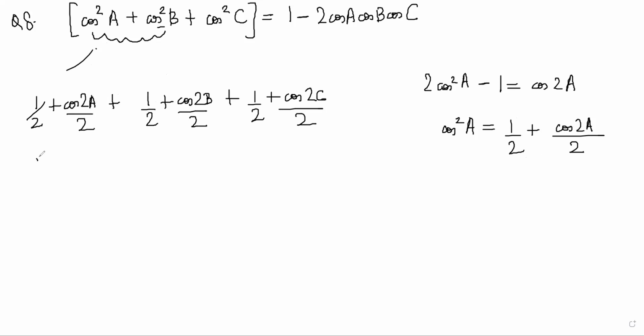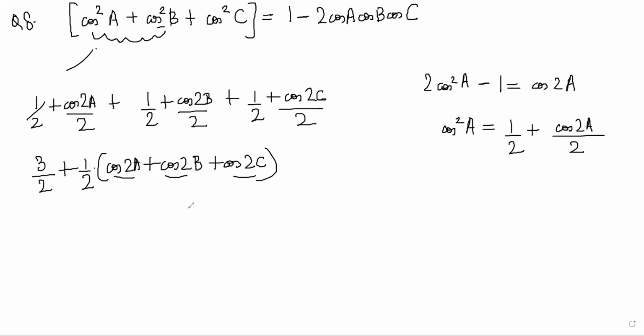So you have overall 3 by 2 plus 1 by 2 common, and inside you have cos 2A plus cos 2B plus cos 2C. And from identity number 2 of the same exercise, what is cos 2A plus cos 2B plus cos 2C? We have proved that, right?